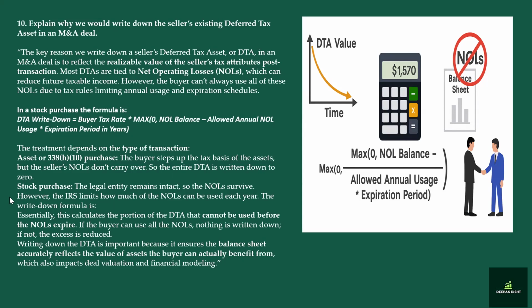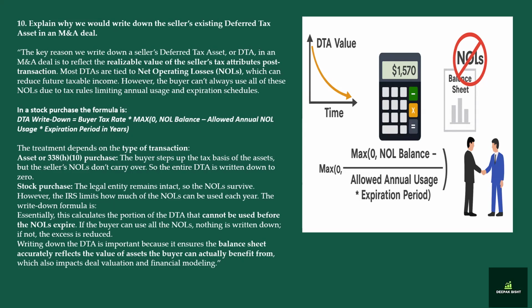If we have already captured that cost, why would we need a DTA on the balance sheet in the first place? And from the tax perspective, the effective tax rate projections in the financial models are realistic. And from a valuation standpoint, overestimating usable net operating losses can artificially inflate the free cash flows and the target's value. So this adjustment is critical for accurate modeling.